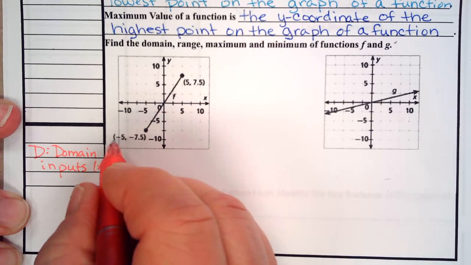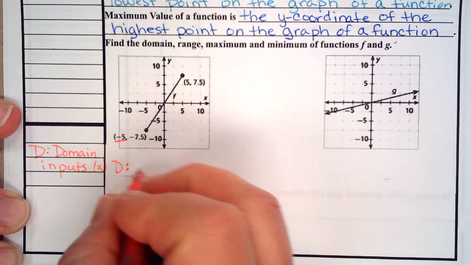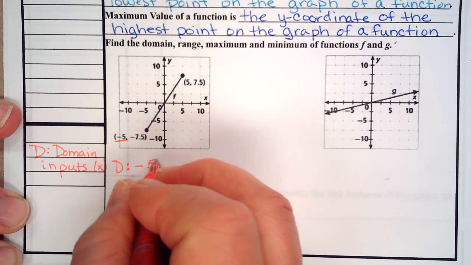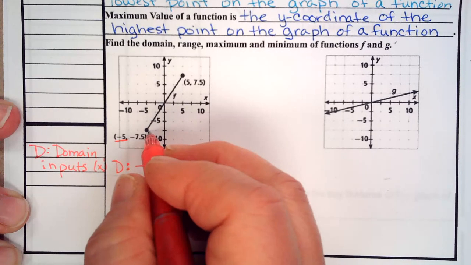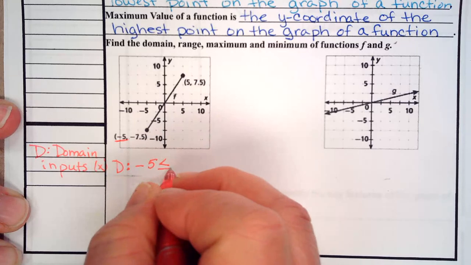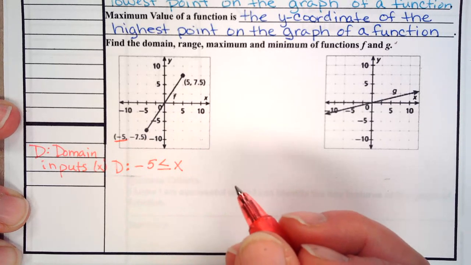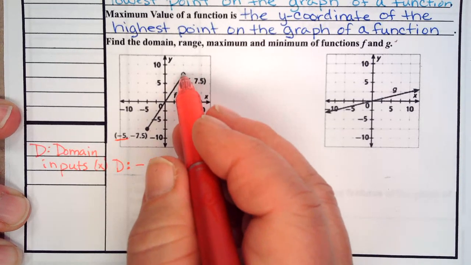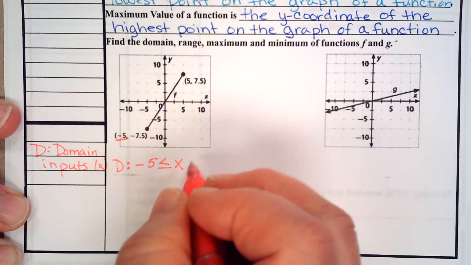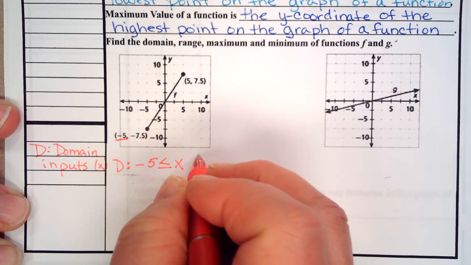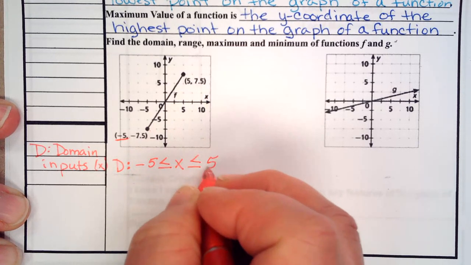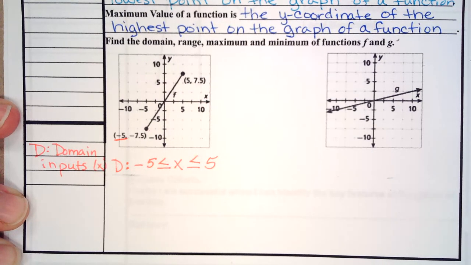So if I'm looking at x, I start at -5. It's a filled in circle, -5 less than or equal to x. I go up to 5. It's also a filled in circle, less than or equal to 5. And that's my domain.